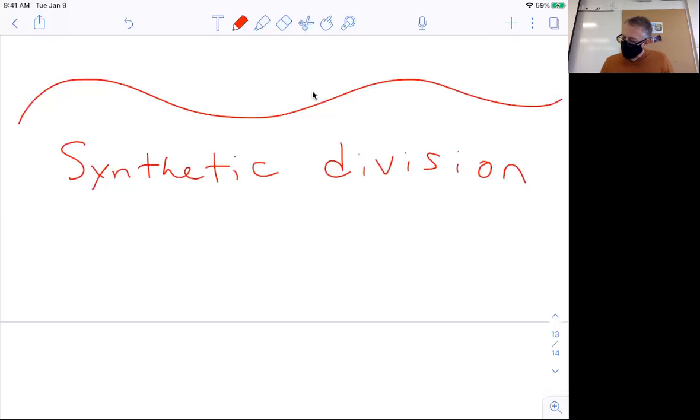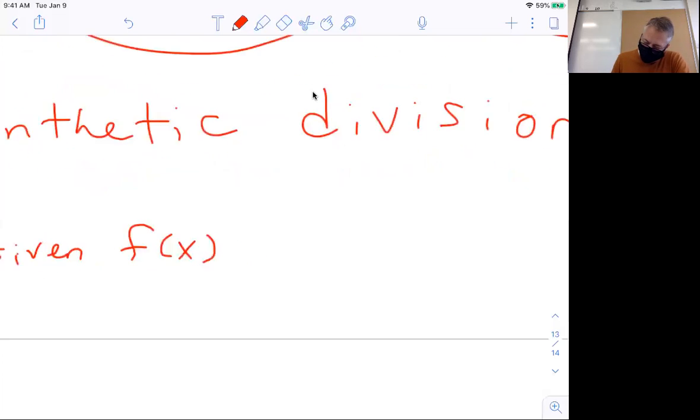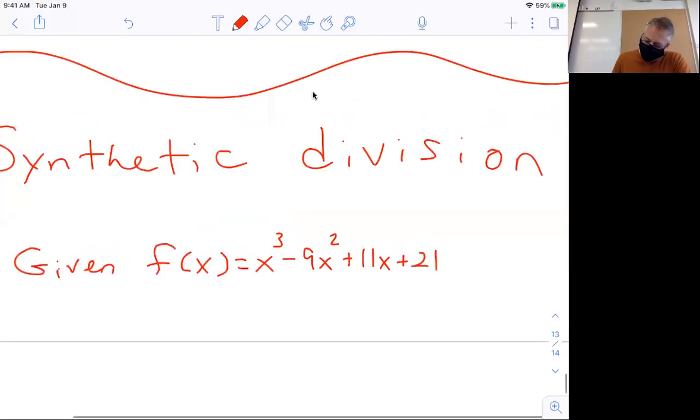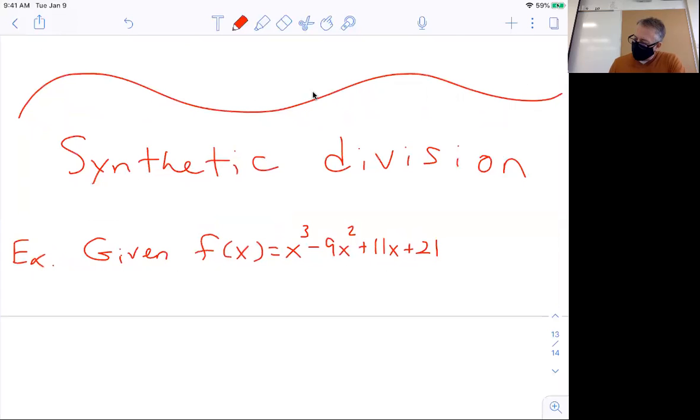Let's write down this example. So given, and I'm going to rewrite that same function, given that f of x is equal to x to the third minus 9x squared plus 11x plus 21. So that's going to be our function.